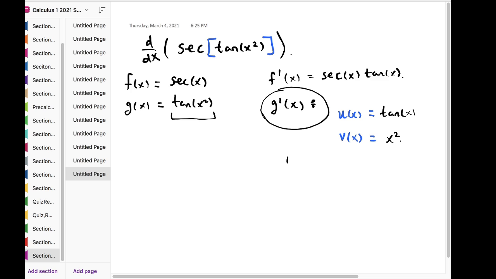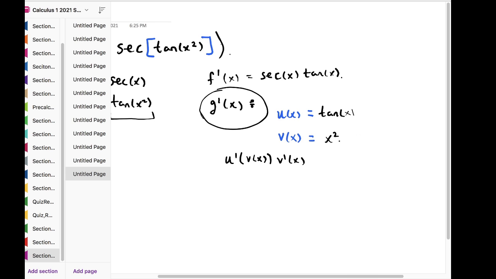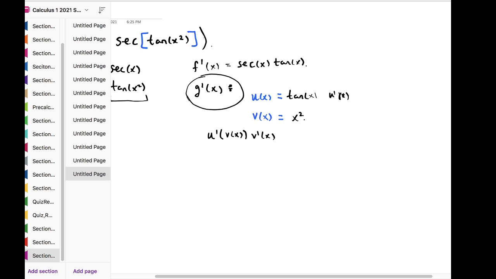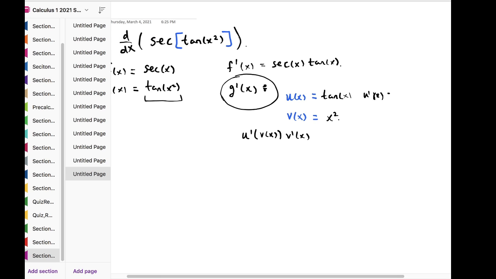So I have u prime of v of x times v prime of x. What is u prime of x? It's the derivative of tangent. Yep, that's secant squared. And then what is the derivative of x squared? It's 2x.